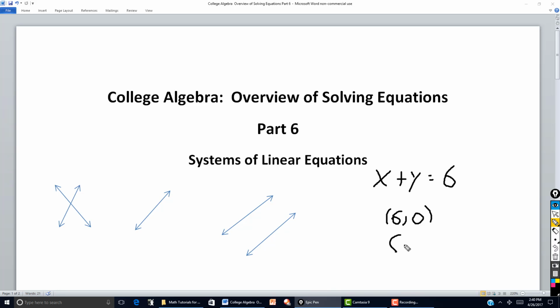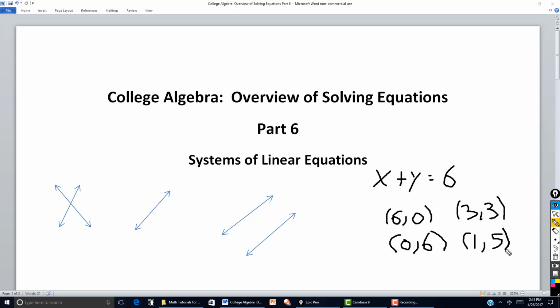You could have 0, 6. You could have 3, 3. x is 3, y is 3. That's going to satisfy the equation, and so on. In other words, just pick any value for x, or pick any value for y. So we pick x to be 1, put a 1 where the x is, subtract the 1 from the 6, and we get y is equal to 5. So that's going to be a solution.